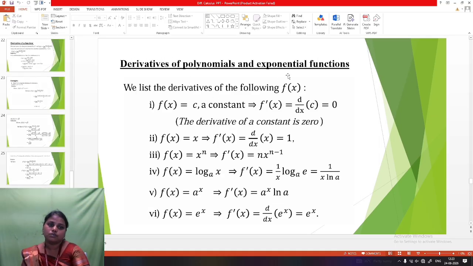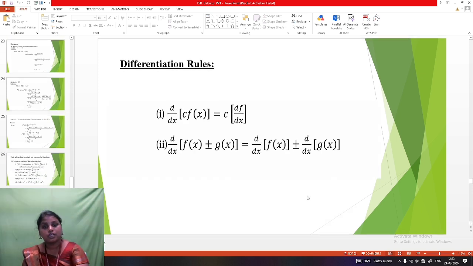Next one, derivatives of polynomial values. Derivative of x is 1, and the derivative of a constant value is 0. X power n differentiates to n into x power n minus 1. Log x differentiates to 1 by x. Log a power x is ln a. F dash of x for e power x is e power x.